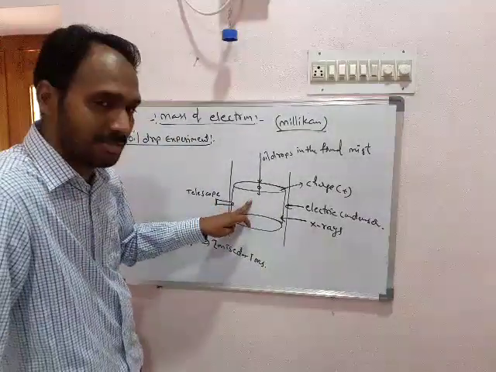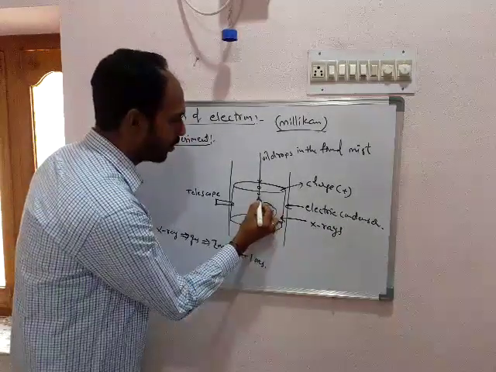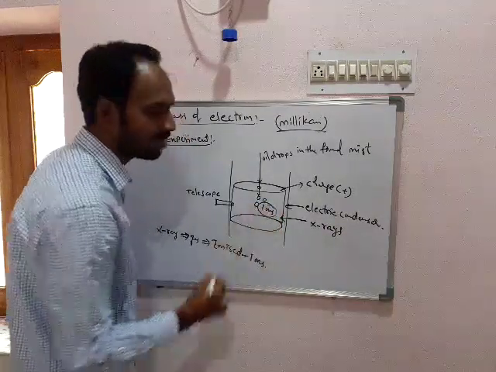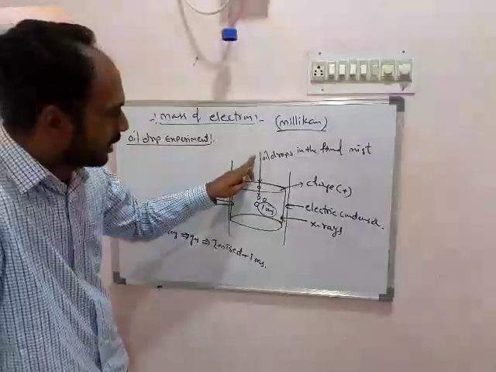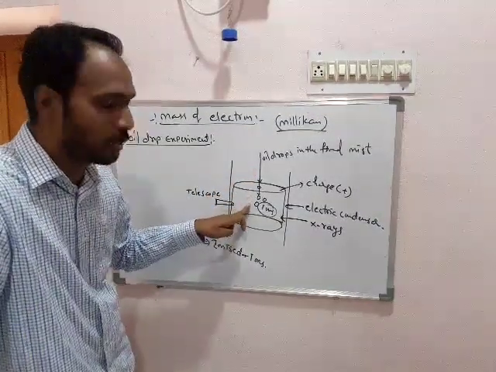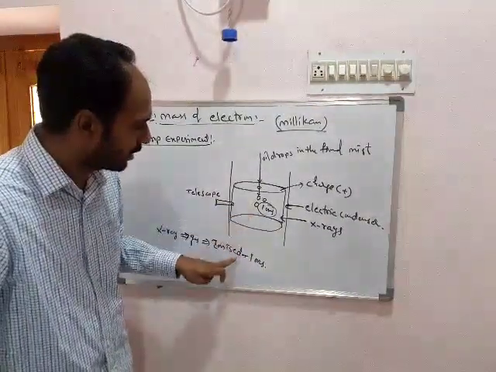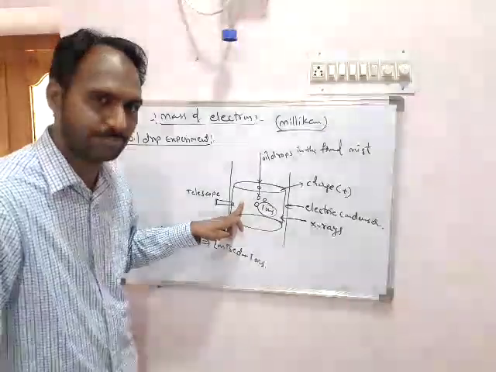Now these ions collide with these oil drops. The oil drops coming from the hole collide, meaning they clash with the ions of the gas present in the chamber.